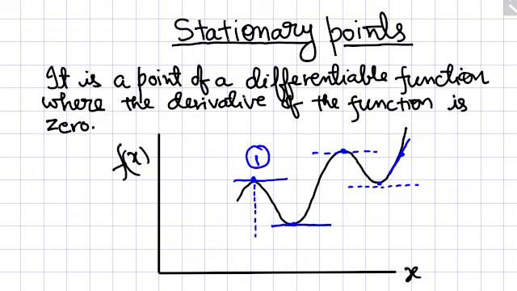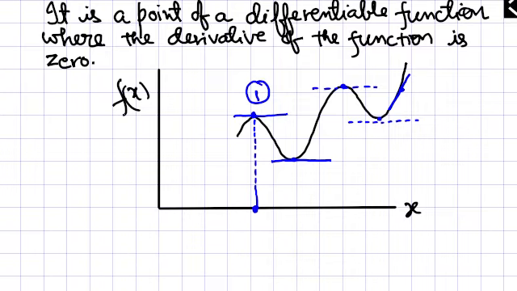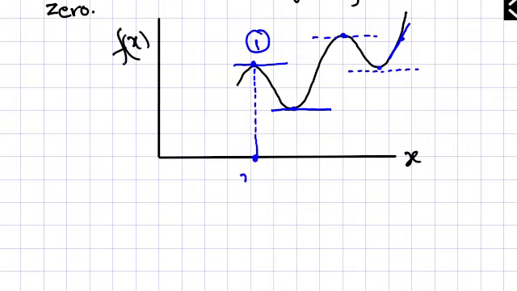These are stationary points, and here the variable, suppose this is x1, its value is x2, it is x3 here, and this is x4.